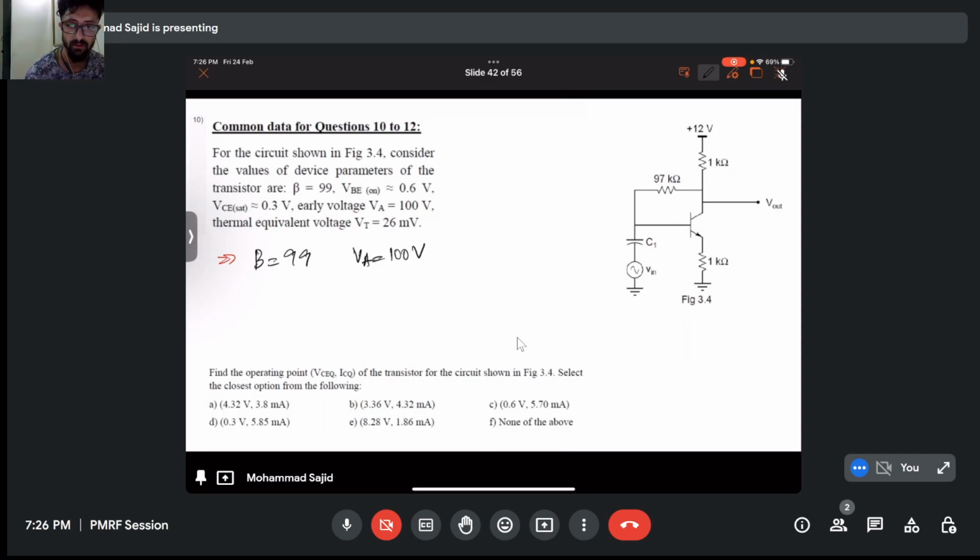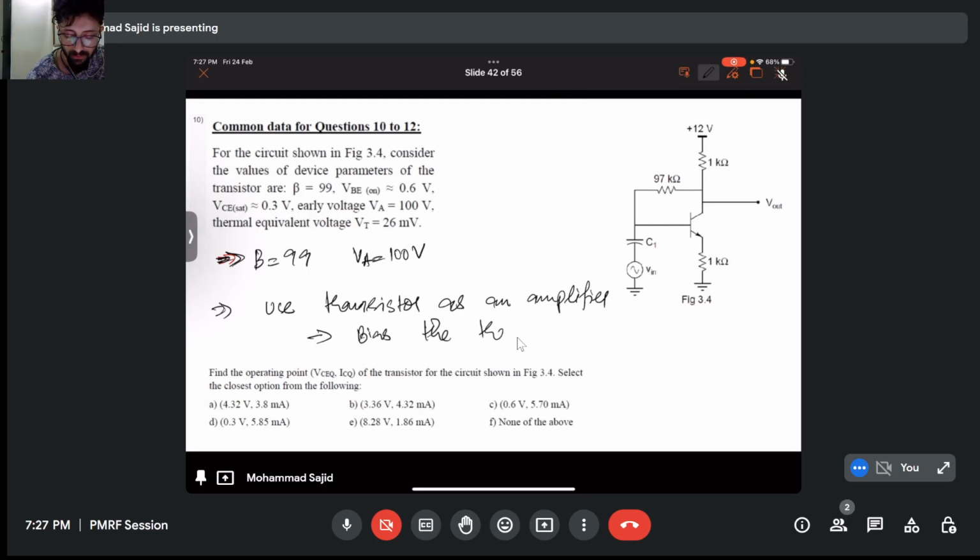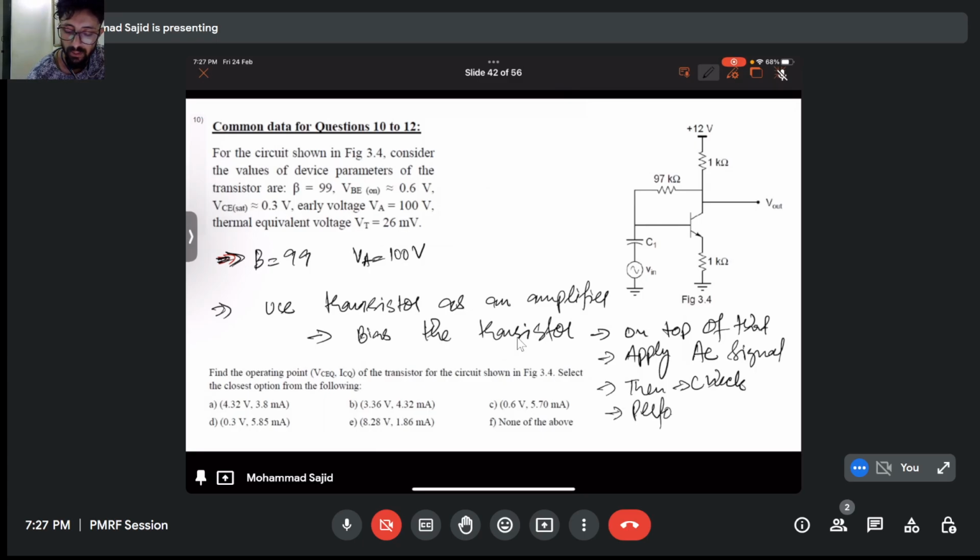Now we know what operating point is. Just to let you know, whenever you use a transistor as an amplifier, you have to bias the transistor, and on top of that you apply an AC signal, and then you check performance like gain, amplitude, waveforms, and phase, right?